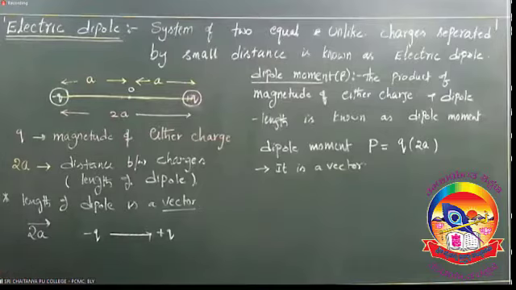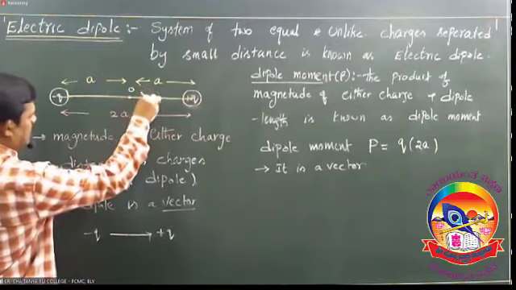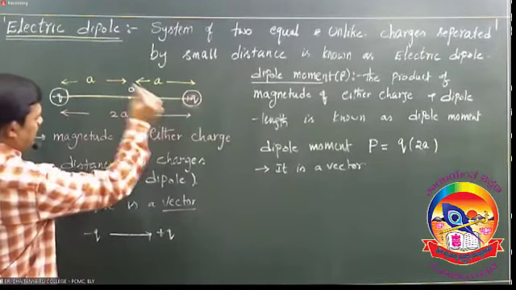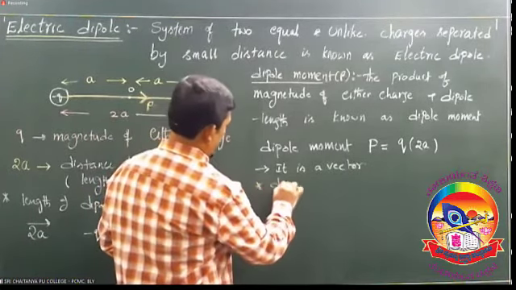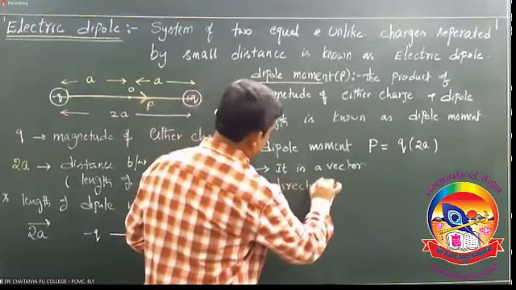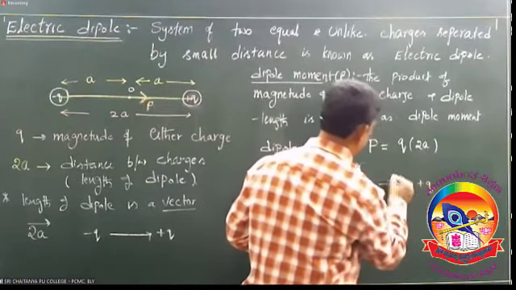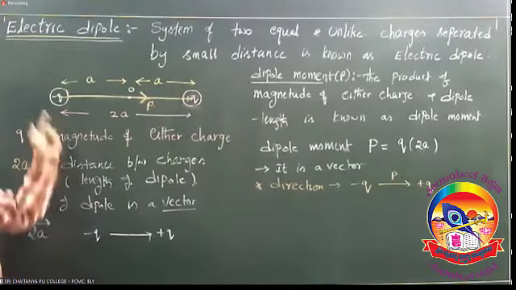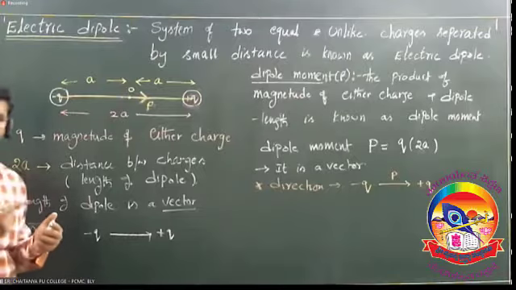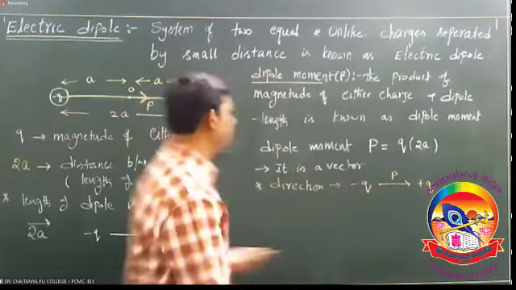Its direction, see, this is the direction of p, from minus Q to plus Q. Always remember, when you are dealing with problems with dipole, wherever you need to take the direction of the dipole moment, it is from minus to plus, like this.